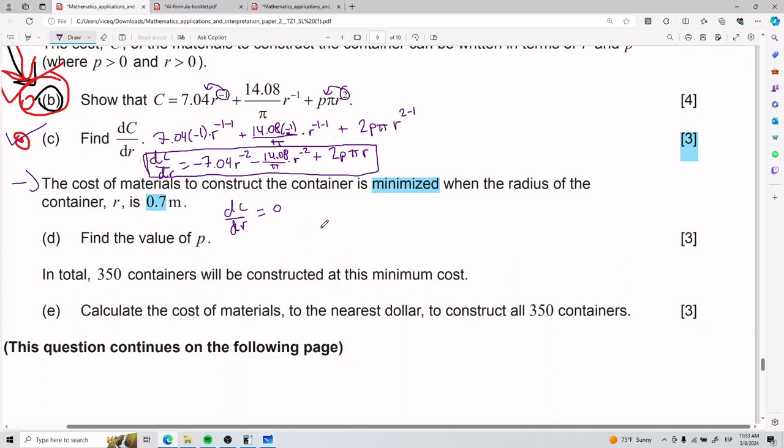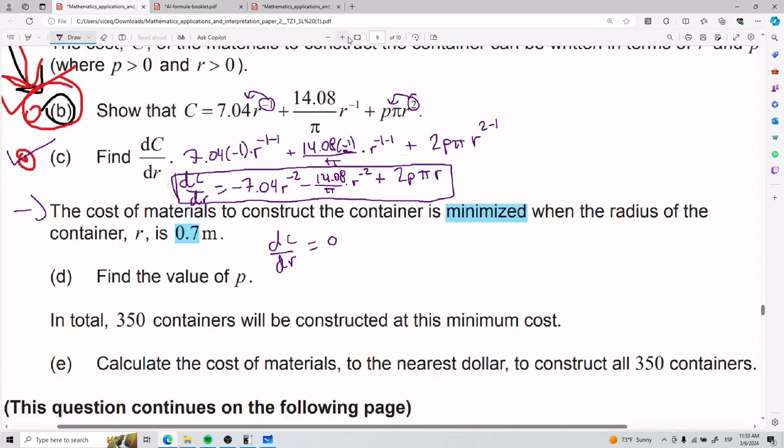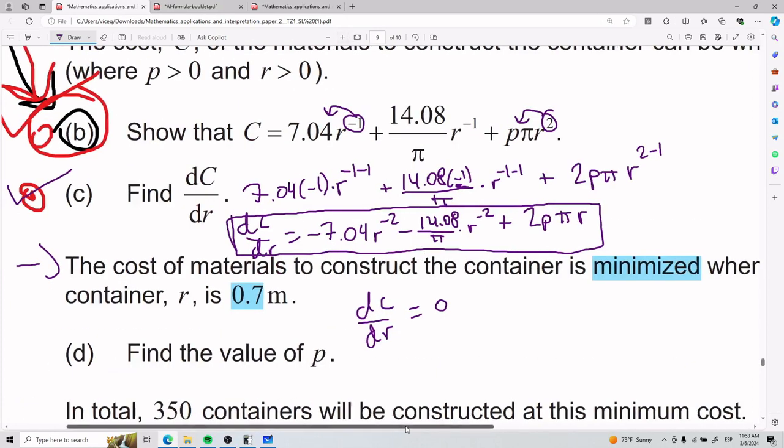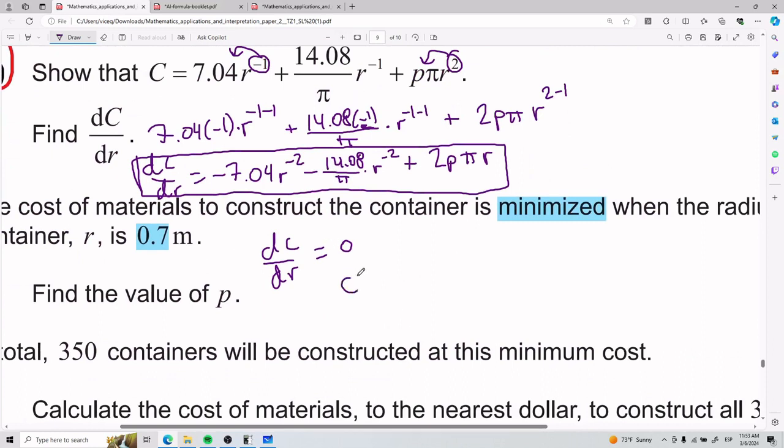So, you equal this to 0, and you try to find the value of p. So, if this whole thing equals 0, that means I can say 0 equals negative 7.04, and they tell me as well that r is 0.7 by context of the problem.